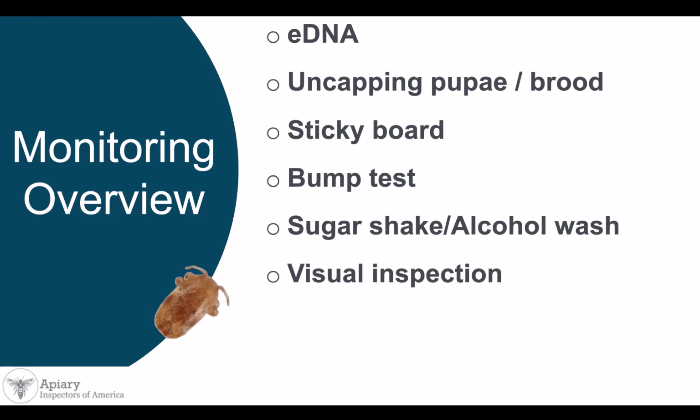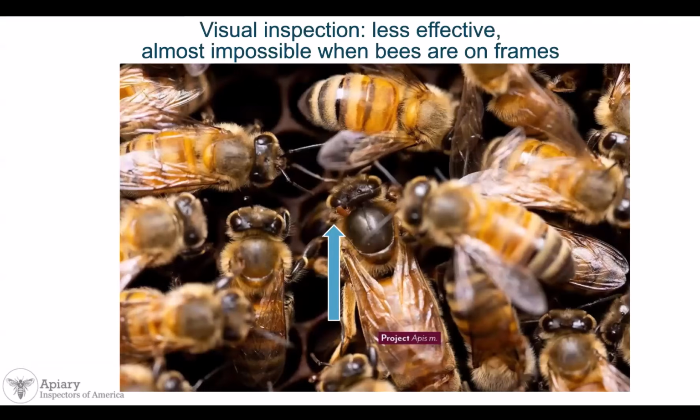Obviously, eDNA is going to be the most effective, but it's not really the most available to everybody. You also can do some uncapping and going through the brood, because that's where they're hiding out. That's most effective, but it's also very time consuming and very destructive. Sticky boards, bump tests, sugar shakes, alcohol washes, and visual inspections. So we'll go through all those different types of methods.